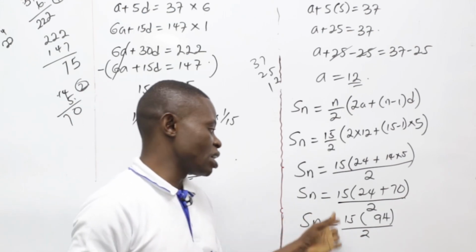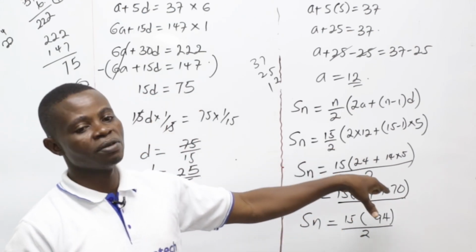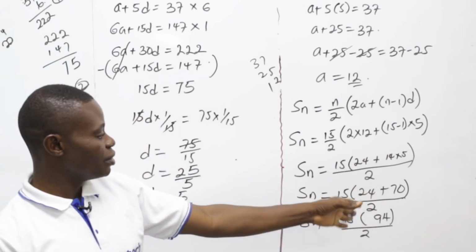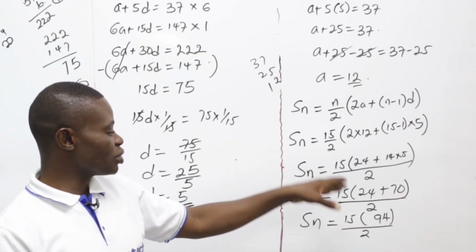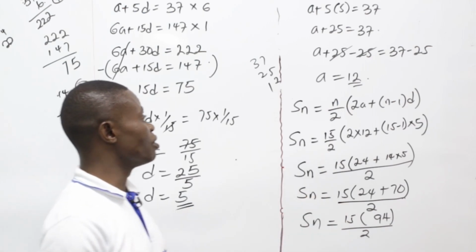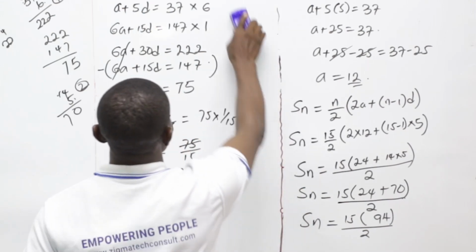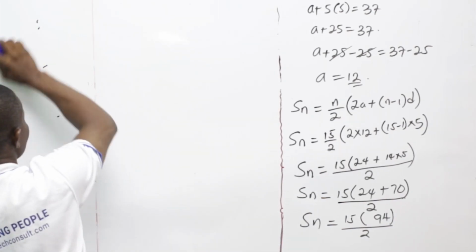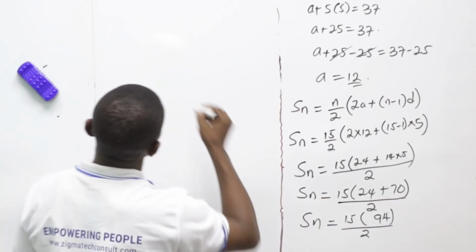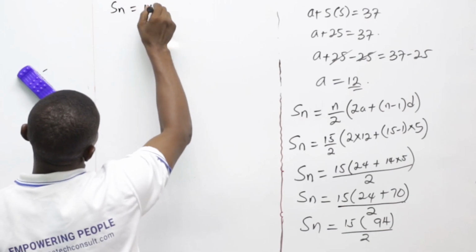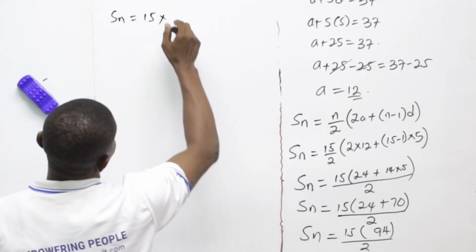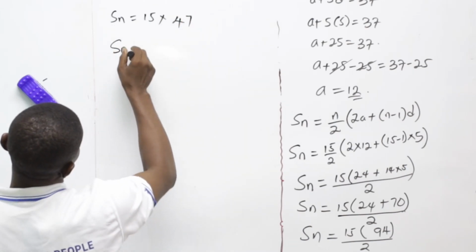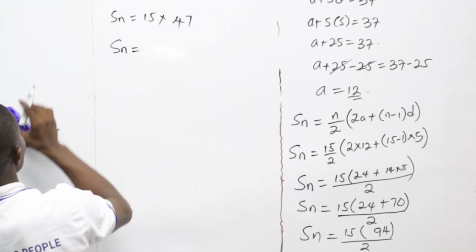If you so wish, you can say 15 multiplied by 94, then you divide by 2. Or you can say 94 divided by 2, and your solution multiplied by 15 will give you the final answer for the sum of the AP. Let us choose the one that is easier, by saying that 94 divided by 2 is going to give us 47. Now Sn equals 15 times 47.